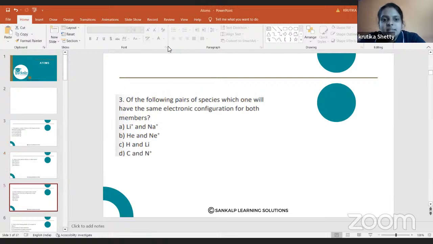Very good. Next, of the following pairs of species, which one will have the same electronic configuration for both members? Pairs of atoms are given, and the question is which pair has the same electronic configuration. Lithium and sodium, helium and neon, hydrogen and lithium, carbon and nitrogen.